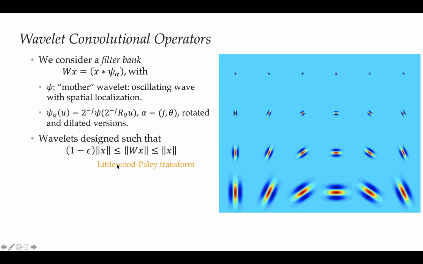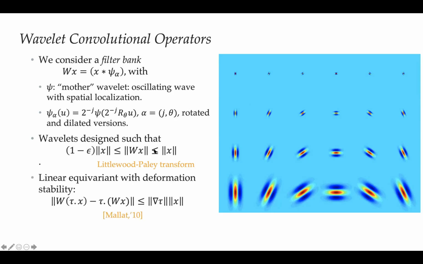That's what's called in harmonic analysis a Littlewood-Paley transform. But for us, the key aspect here is that this operator, because it's a convolution operator, as we saw before, is equivariant to translations. But it's not only equivariant to translations, it's also stable to deformations, in the sense that if I try to commute a deformation with a wavelet, I get an error that only depends on the elasticity.